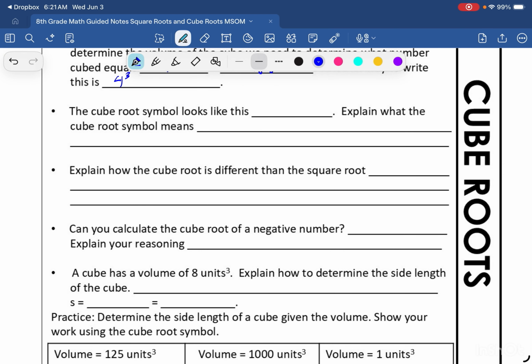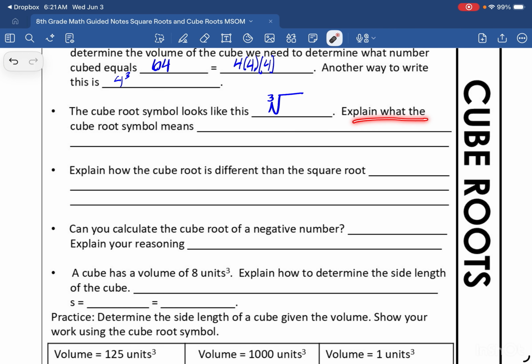Okay, the cube root symbol, it is similar to the square root symbol. So we have that symbol, and then we're just going to add a little 3 right there, and that stands for cube root. And it says, explain what the cube root symbol means. And that means the product of a number multiplied by itself 3 times is the number under the cube root.